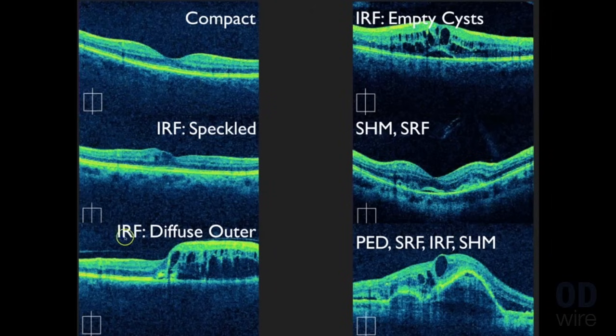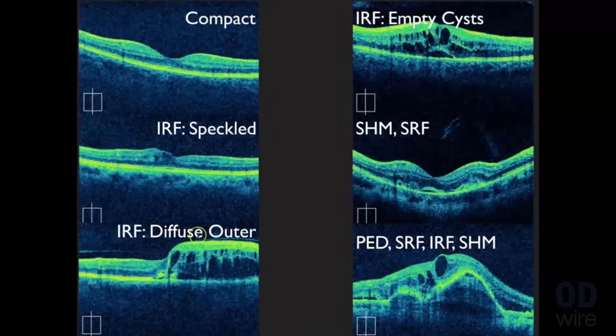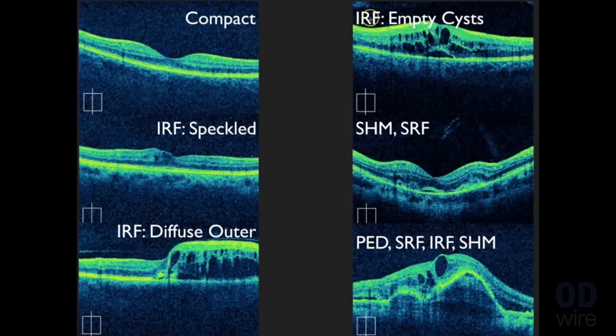The one down below, intraretinal fluid, has a diffuse outer thickening appearance. Look, the fluid's confined more to this outer aspect of the retina. Intraretinal fluid with empty cysts, that's different than what we saw earlier in the speckled configuration.